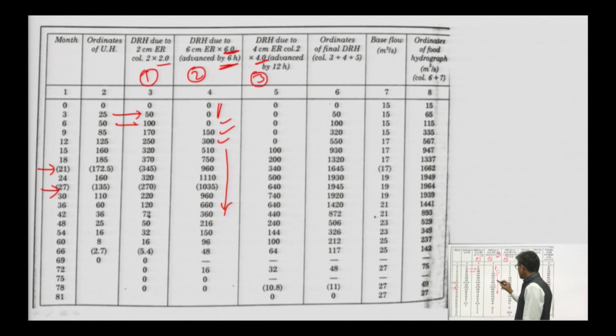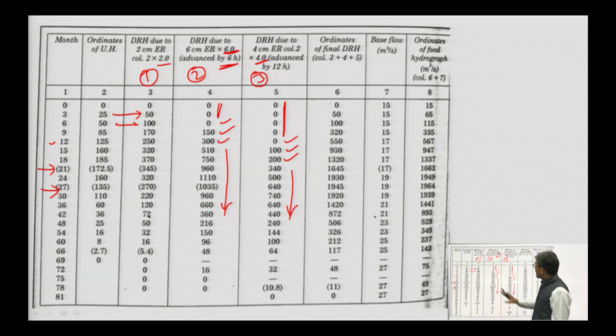That's why we will start putting ordinates at t equals 12, after multiplying by 4. So, 0 multiplied by 4 is 0, 25 multiplied by 4 is 100, 50 multiplied by 4 is 200 and so on, right.